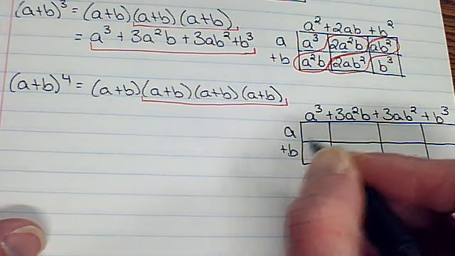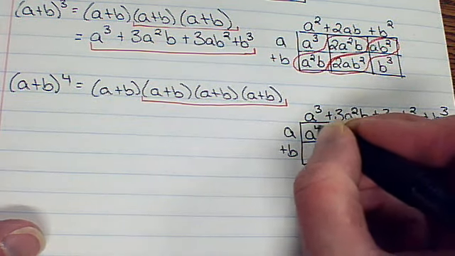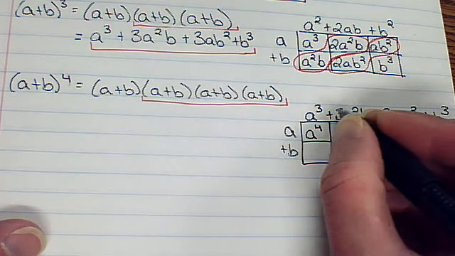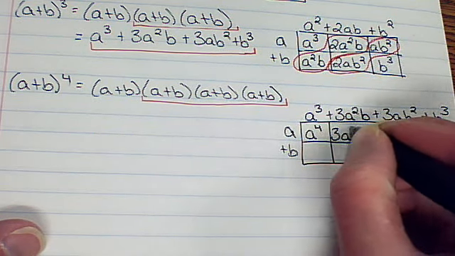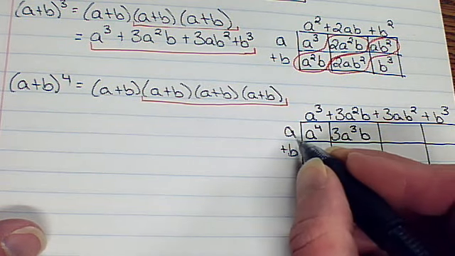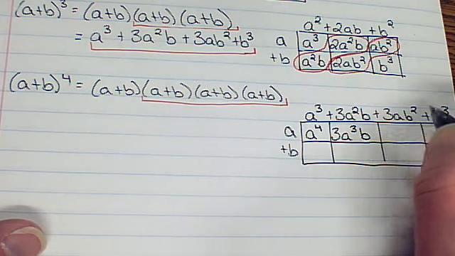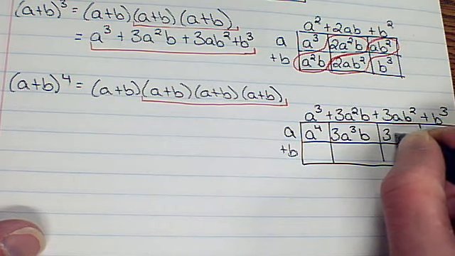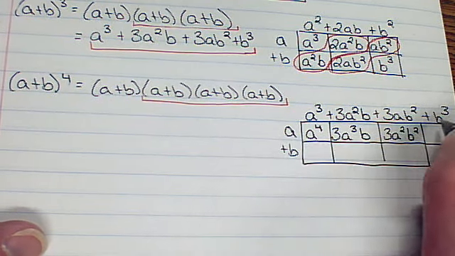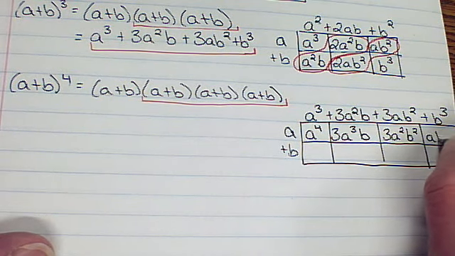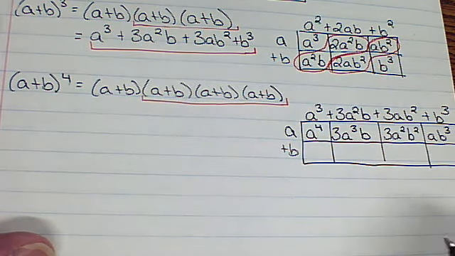A times a cubed, a to the fourth. A times 3a squared b gives me 3a cubed b. A times 3ab squared gives me 3a squared b squared. A times b cubed gives me ab cubed.